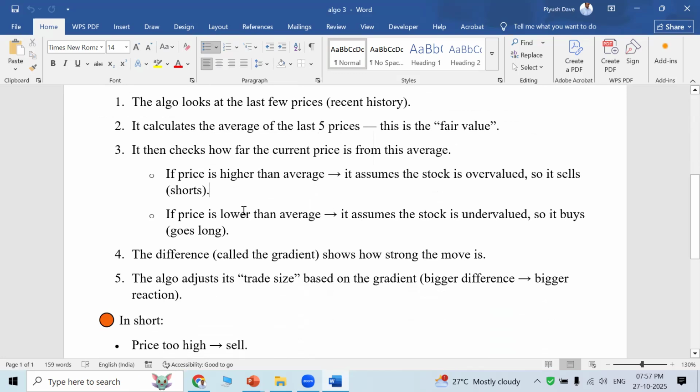If the price is lower than the average, we consider the stock undervalued and we will buy it. The difference is called the gradient, and the trade size we can decide like this: the bigger the difference, the bigger the reaction; the smaller the difference, no reaction.